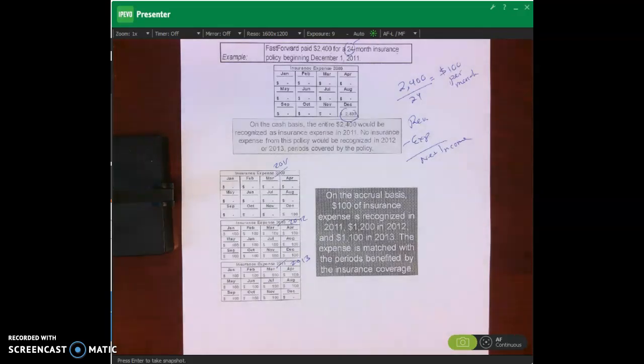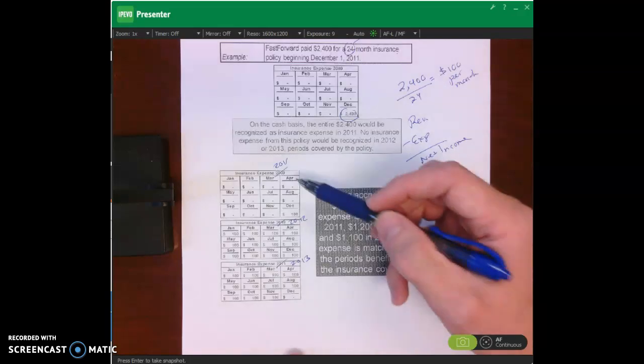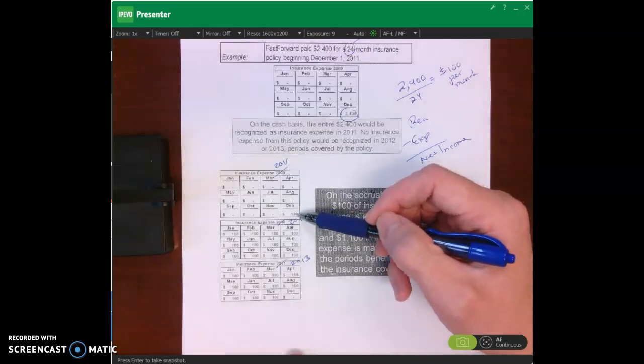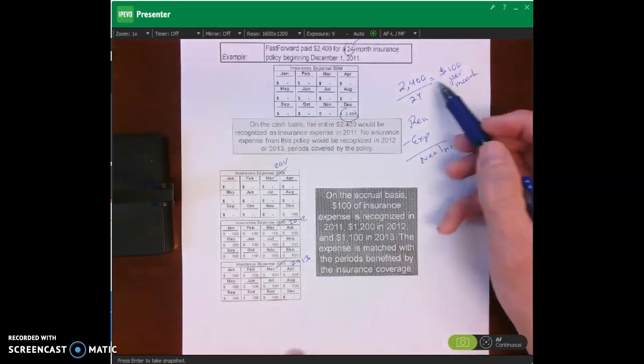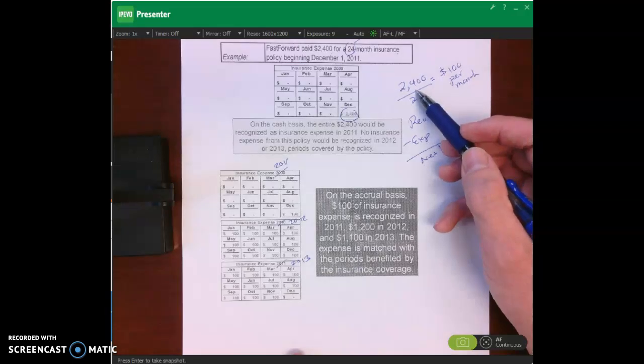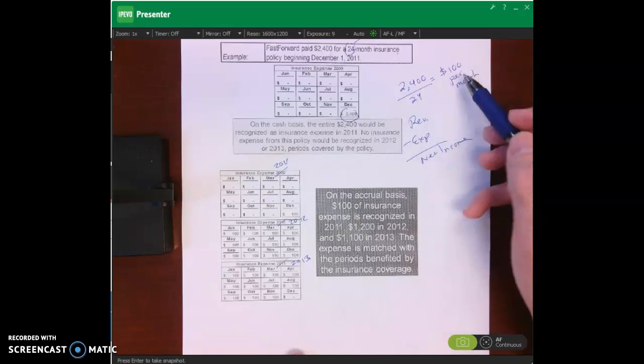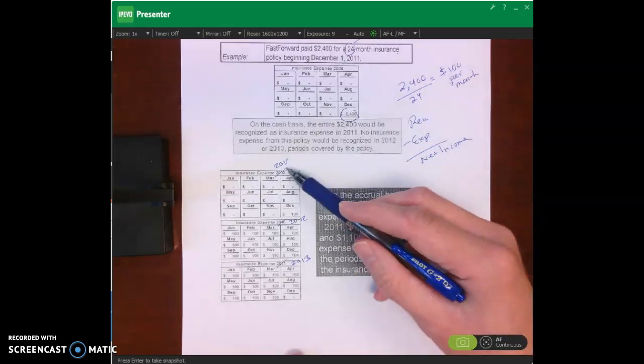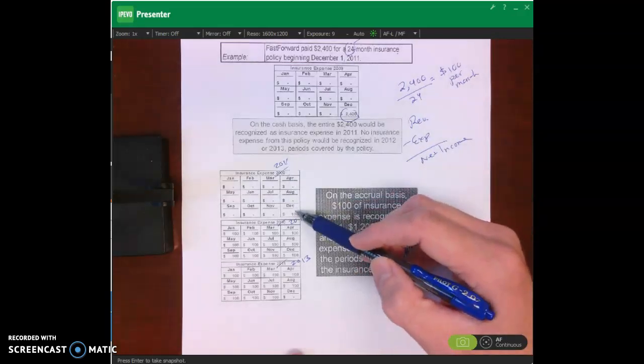Sorry about that. You can make those adjustments right over there. So we would recognize $100 in 2011. Why 100? Well, look up here. I took $2,400, the total cost, divided by 24, the total number of months, which gives me $100 a month. So in 2011, I recognize $100.